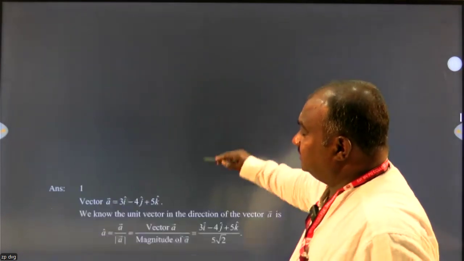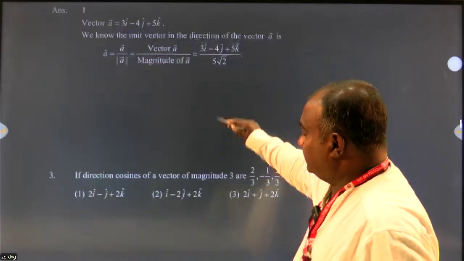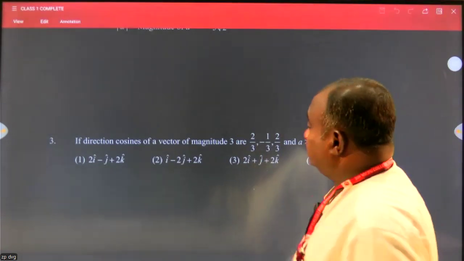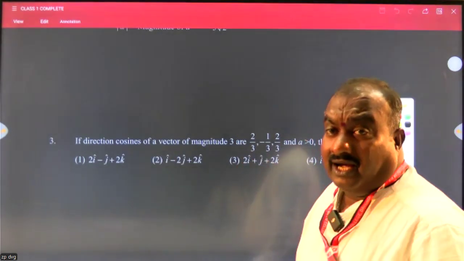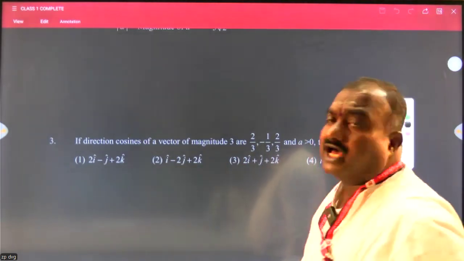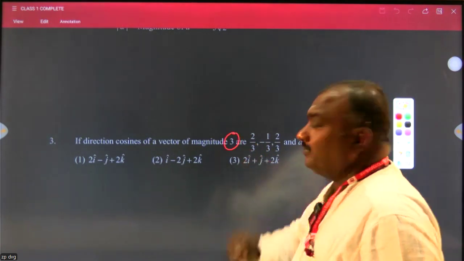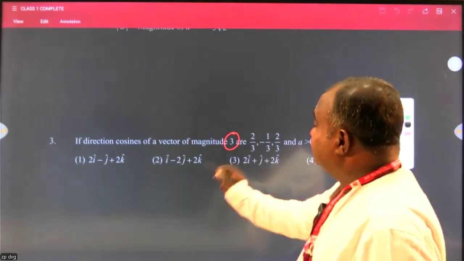Find the vector in the same direction, with magnitude 3 units. Observe there: magnitude 3 units, magnitude 5 units. Remember that the same type of question they are going to ask in PU also, so be careful. Here, magnitude is 3 units. What are direction cosines?